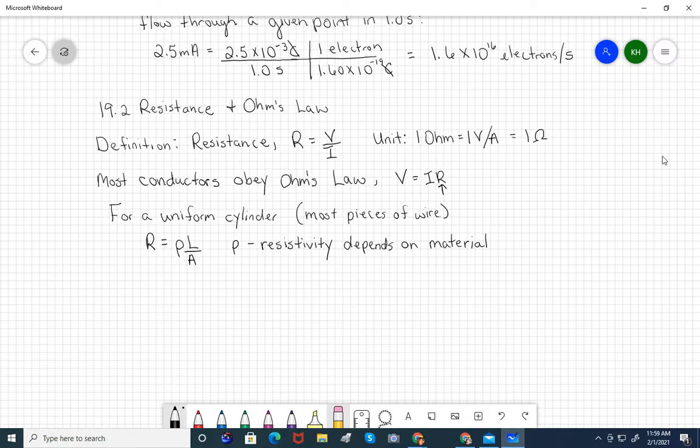Insulators, glass, wood, mylar, Teflon, they have very high resistivities. The area in this case refers to the area of the cross section. I think I misspelled cross section.